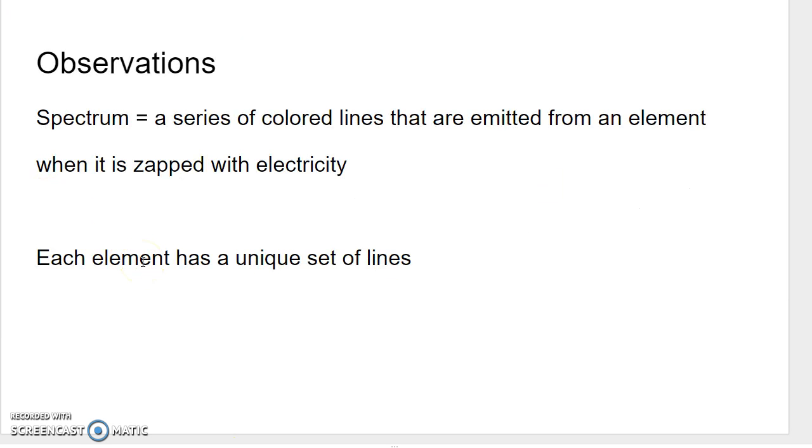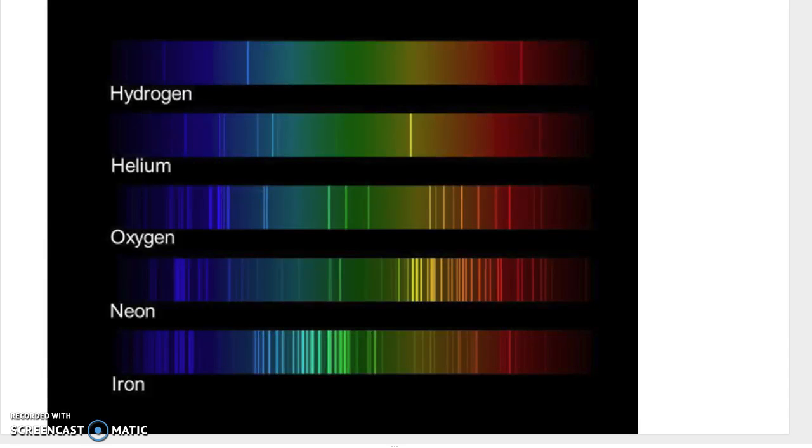Now, some background observations. At this point in history, we have learned about spectrums, which is a series of colored lines that are emitted from an element when it's zapped with electricity. Each element has a unique set of lines. As we see here, the brighter colors are the colors that each element has. So hydrogen has a red, kind of a cyan, and then a darker purple.